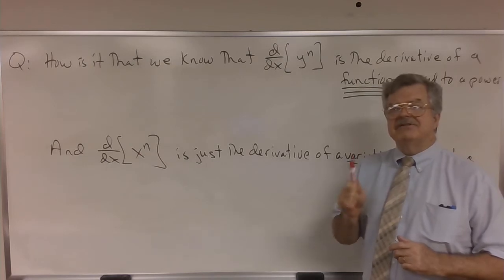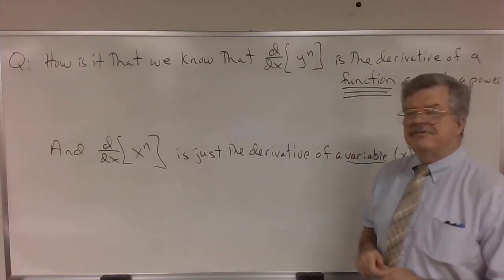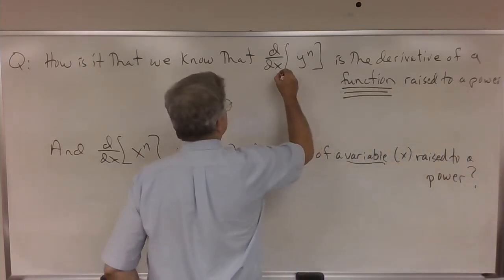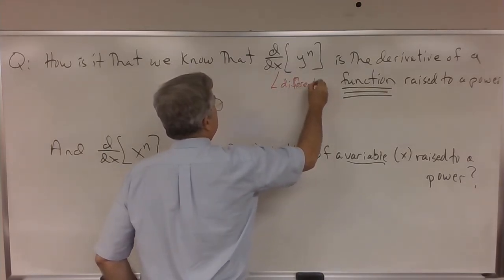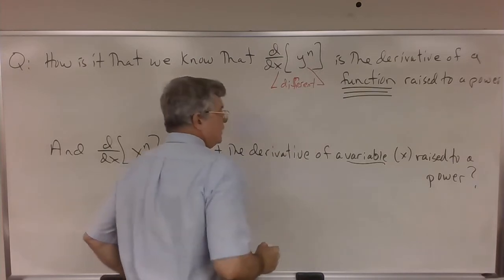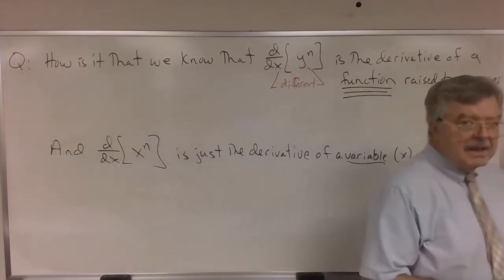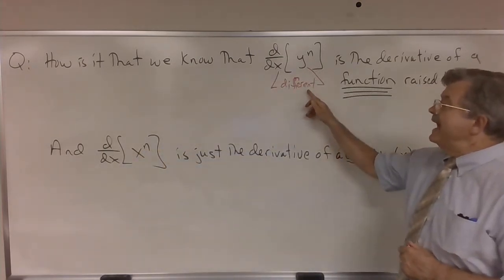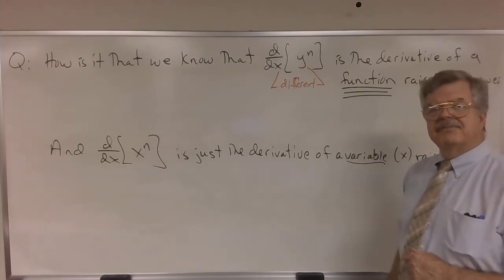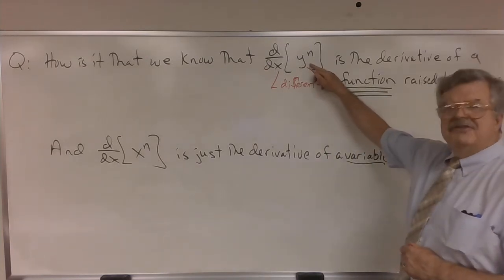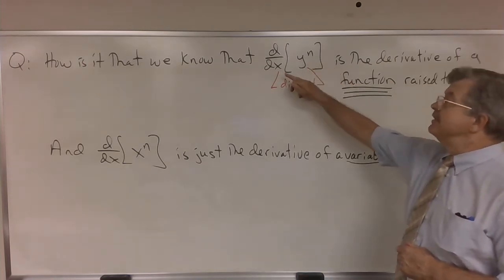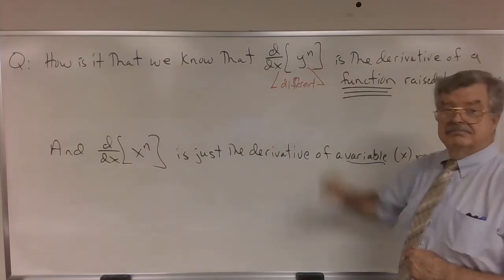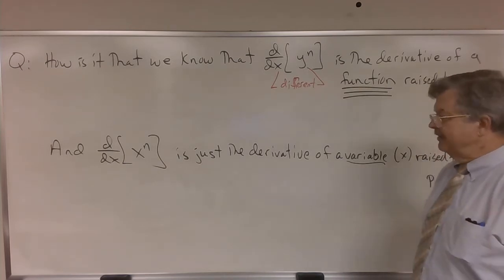That's the telltale feature. These variables are different. And the fact that they're different tells us that y isn't just a variable, but it's also a function of x. That's what it tells us.